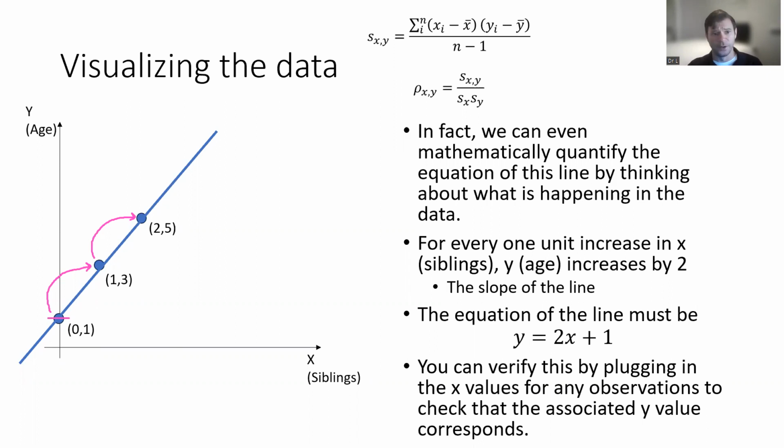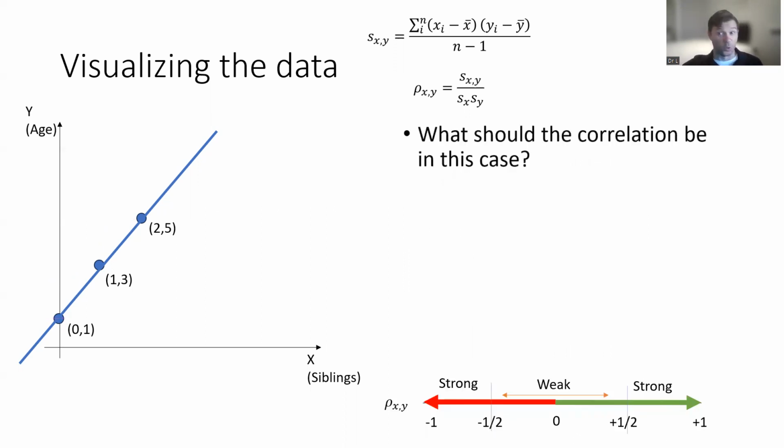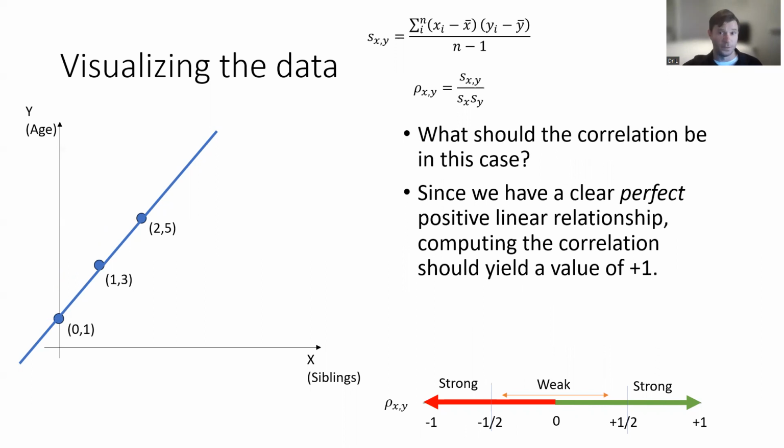If we have zero siblings, then y is going to be equal to, well, we must be 1 year old in the data set. If we plug in 1 sibling for x, then y is going to correspond to being 3 years old in the data set. The data is perfectly linearly related. In this case, what should the correlation be? Well, as we just discussed, it better be equal to +1.